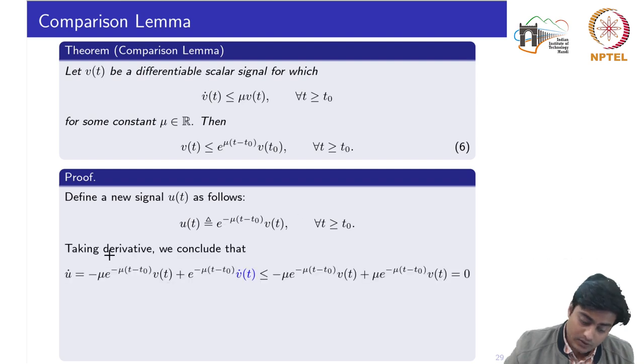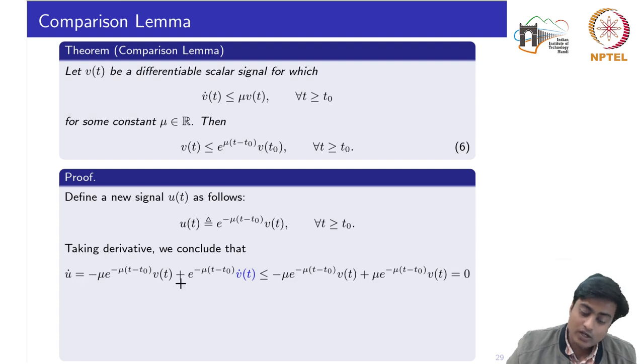Taking the derivative of the signal, we use the chain rule: the derivative of the first into the second plus the first into the derivative of the second. Now here v dot of t is already given to us, so I replace v dot from this and finally obtain this relation, which is in fact less than or equal to 0.